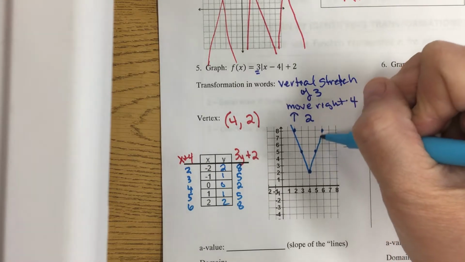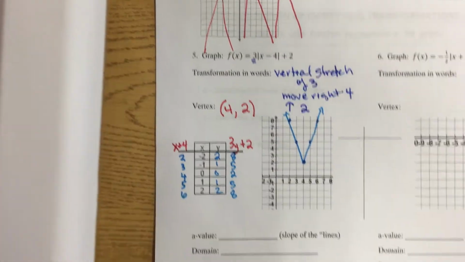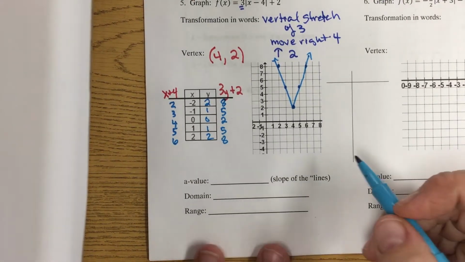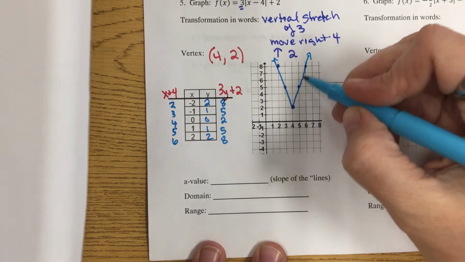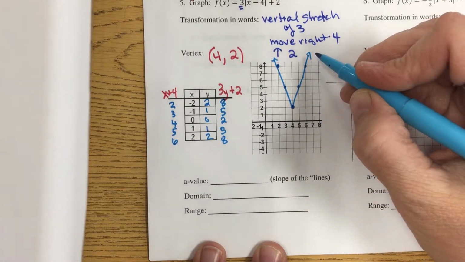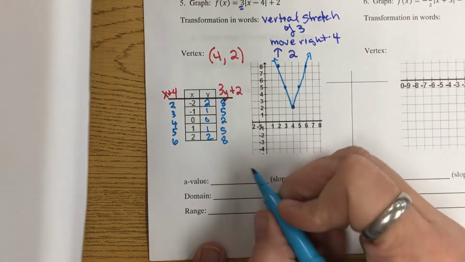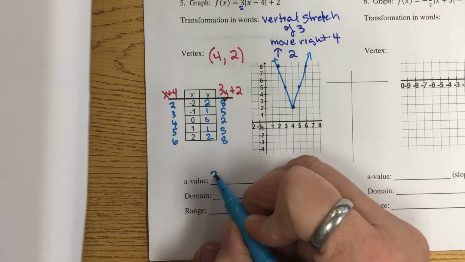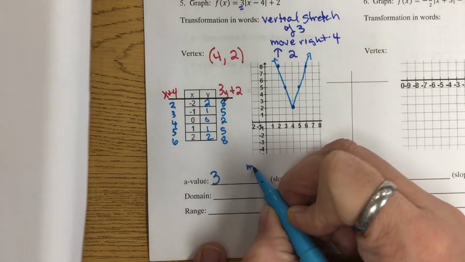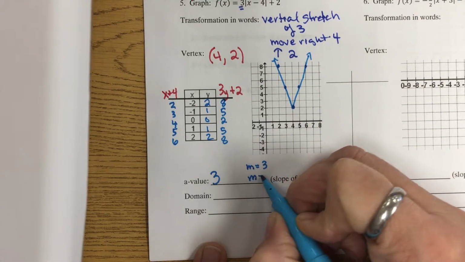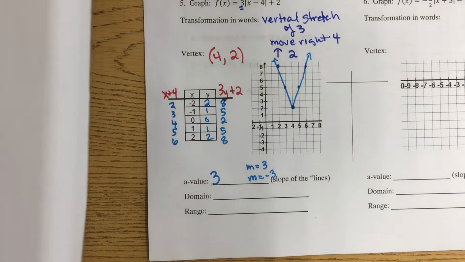And then there we are. And down here, my a value, the slope of the line. So if I just look on this part right here, what is the slope of my line? My a value, first of all, is 3. But if I look on this side, my slope is 3. If I look on this side, my slope is -3.